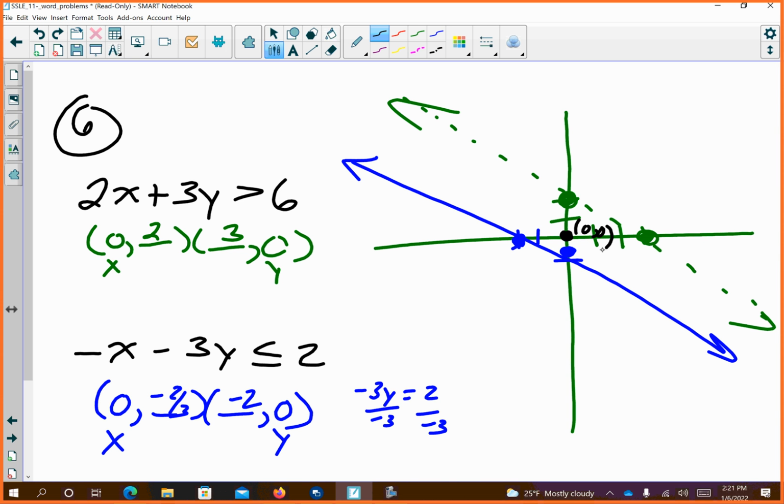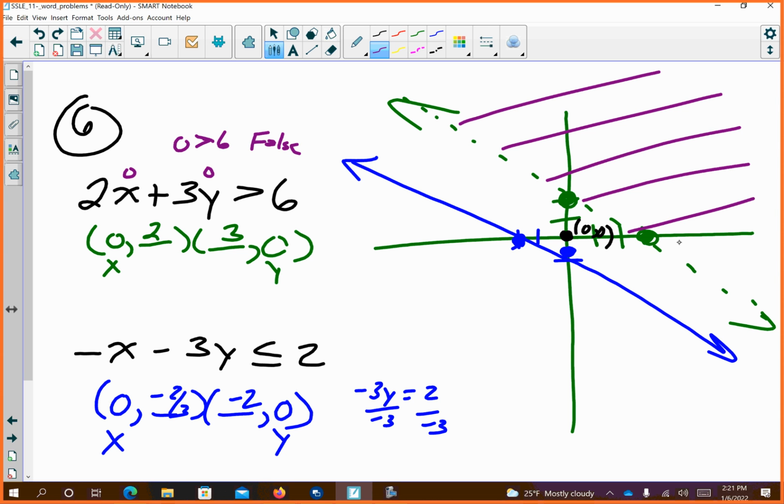All right, so let's take 0, 0 and plug it in to see how it works. So if I plug 0 in here, plug 0 in here, I get 0 is greater than 6. Is that true or false? False. So that means for the green, I shade the opposite side of the green over here. That's opposite of where it was landing. Okay? And then I'm going to plug 0, 0 in here. So 0 is less than or equal to 2. That's true.